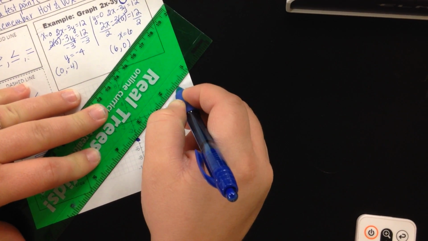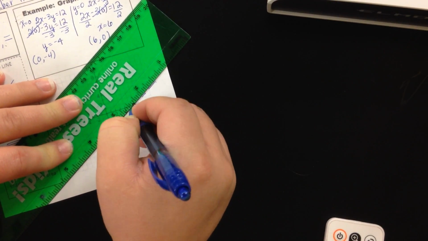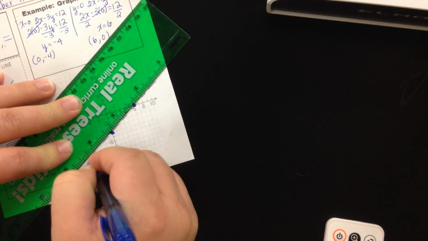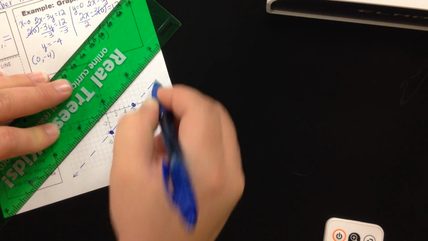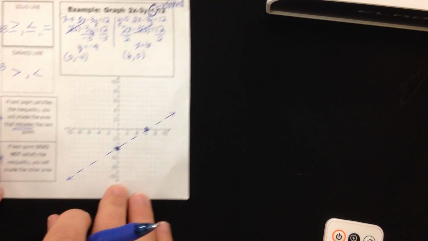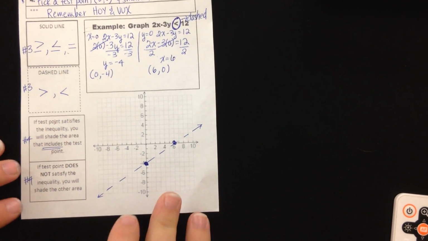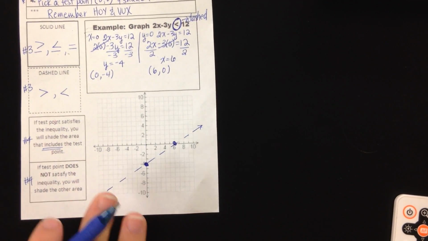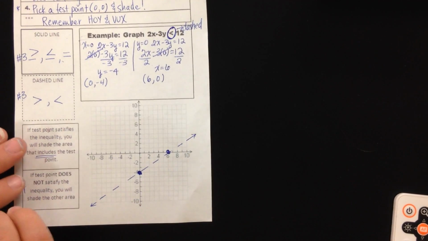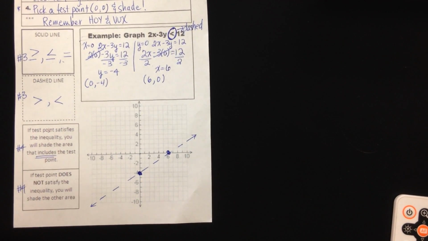And when you draw and connect your x and y intercepts, you're going to draw a dashed line. Okay, you can clearly see it's dashed, so I'm trying to work between you and the camera. There we go. Better? Now, we're not over with this. So, this is up to step 3.